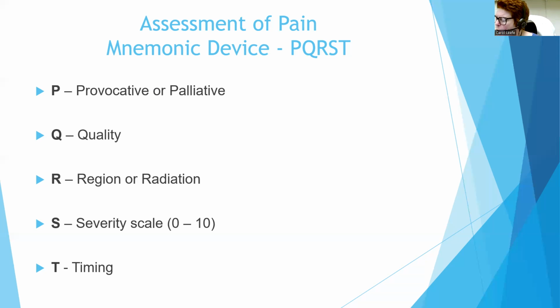So basically, the quality, because you want them to describe how the symptom feels, looks, or sounds, and whether the symptom disrupts activity. Can they walk? Can they take a shower? Can they do their activities of daily living?